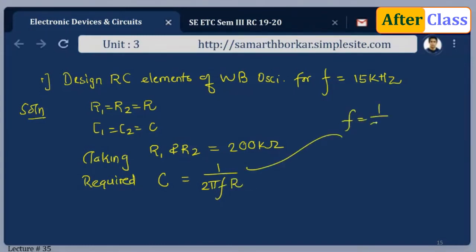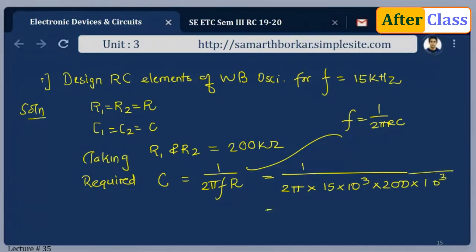F equals 1 upon 2 pi RC. So if I substitute 1 upon 2 pi into 15 into 10 to the power 3 into 200 into 10 to the power 3, the answer you should get is 53 picofarad.